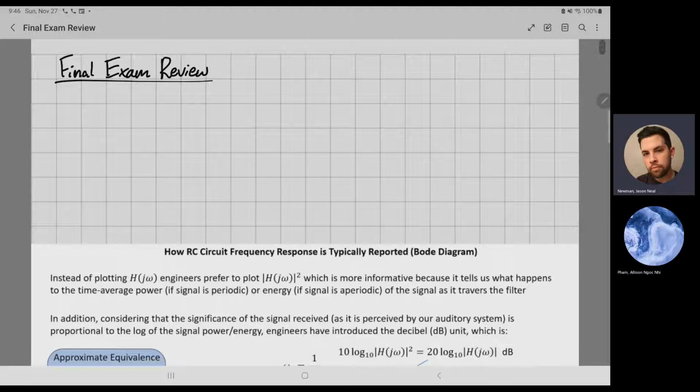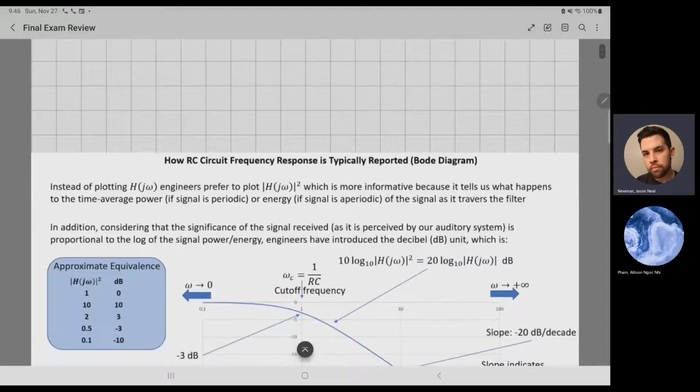So let's just jump right into it, because a lot of the stuff is memorization. You should go back and look at these slides and study the key phrases and the stuff that she mentioned that you should memorize for this final exam, because that's the majority of it. Anyways, let's move on.